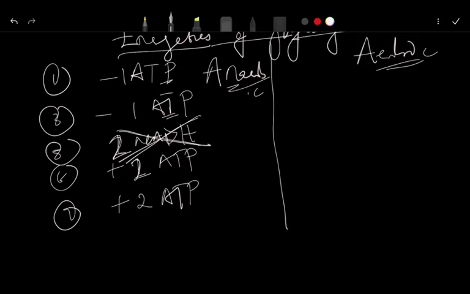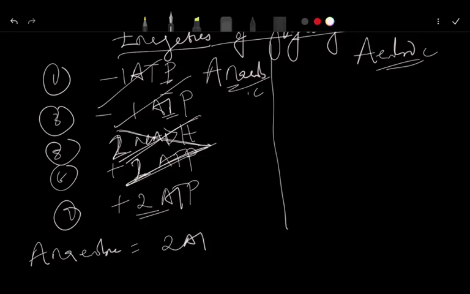So our calculation will be minus 1 minus 1 equals minus 2, and that minus 2 plus 2 ATP means we use this to cancel the 2 minus here. So I'm left with just this plus 2. So that's why in anaerobic glycolysis we have 2 ATP formed.